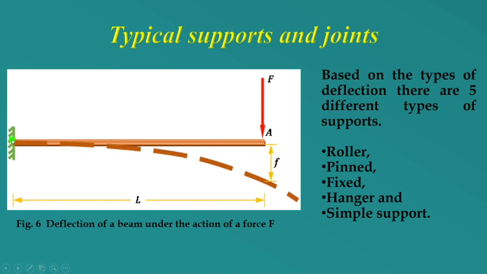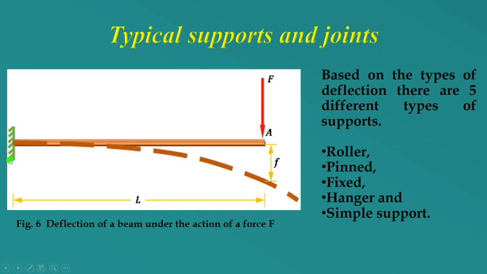It is inserted in the vertical wall. So this wall is the support. And what is a joint? There must be a joint between the wall and the beam. So this is the joint and this is the corresponding support.